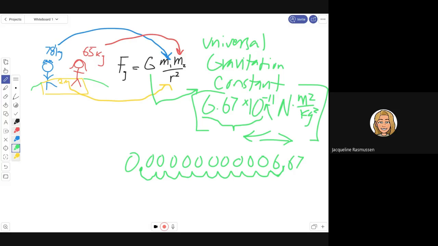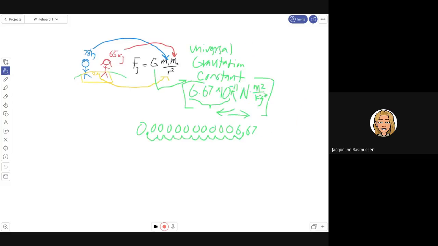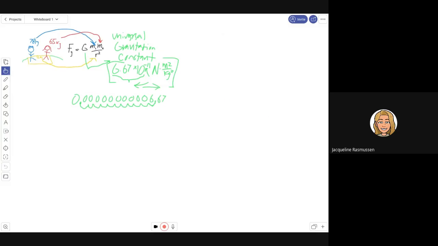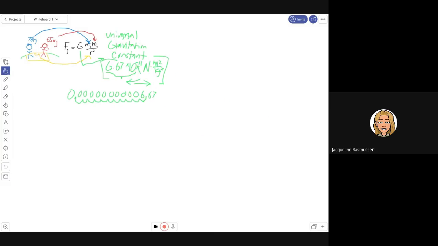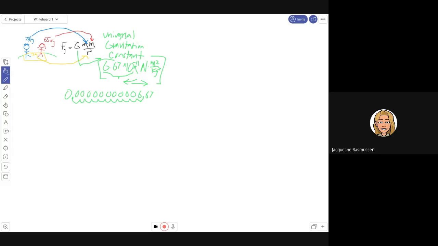We've got all our variables figured out. So let's go ahead and move ourselves up here, and we're going to plug our variables into the equation and see what we get. So we know what our big G is. It's 6.67 times 10 to the negative 11.